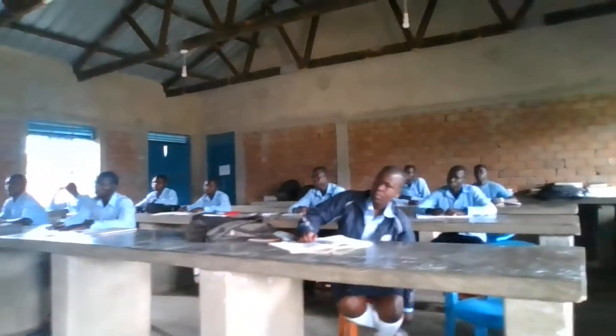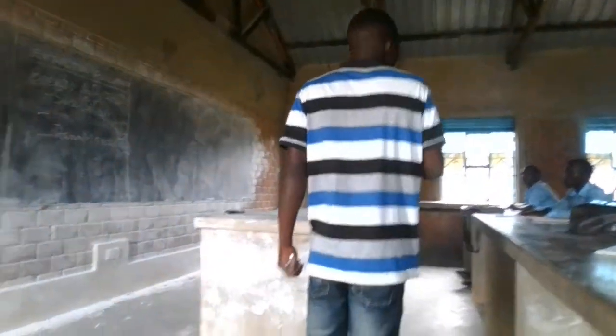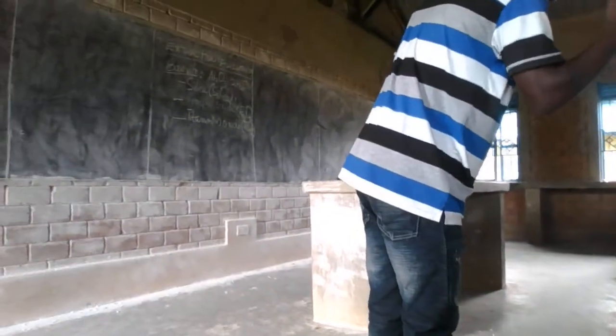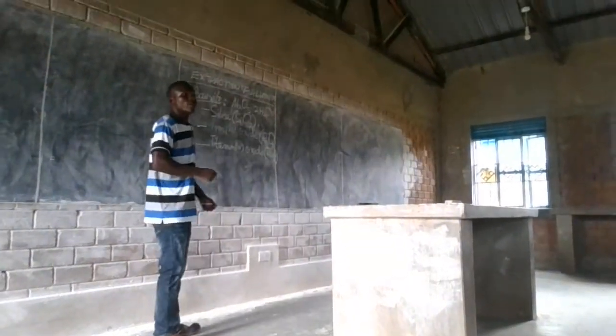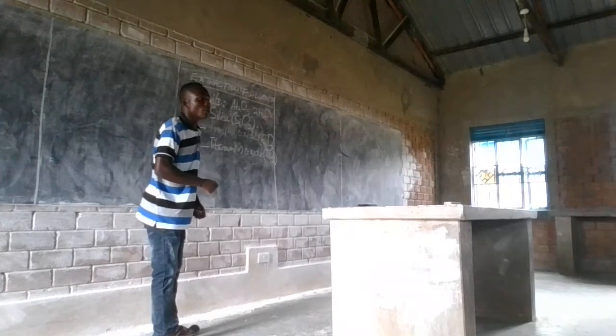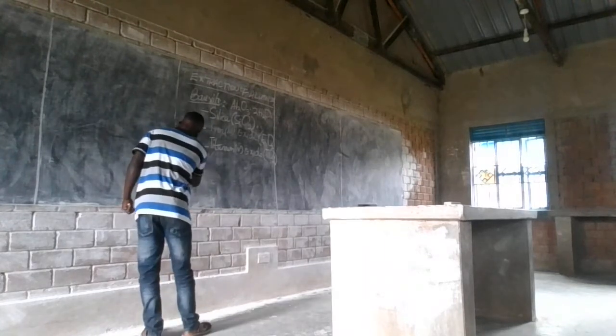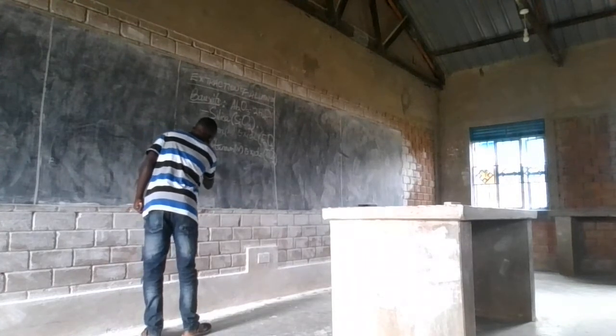So the process of extraction of aluminium occurs in 2 stages. Stage number 1 is purification of the ore, the bauxite ore. We purify the ore.